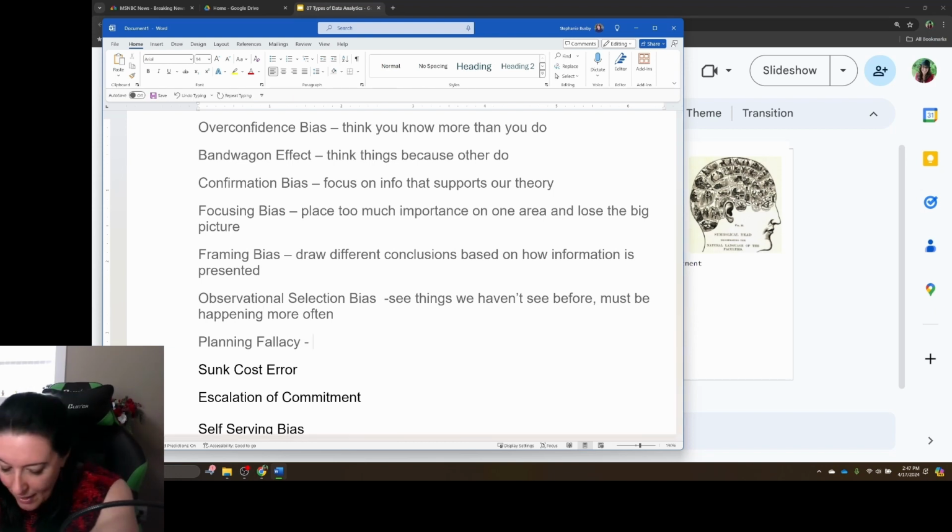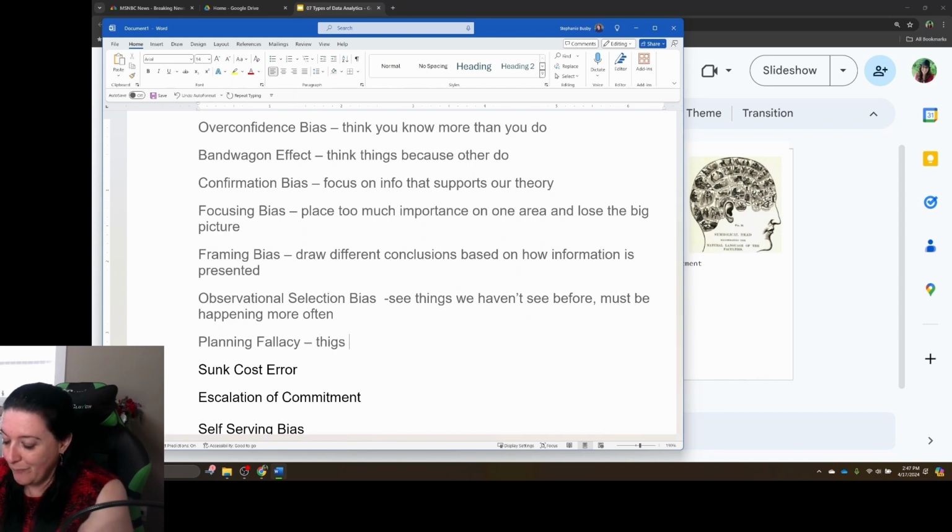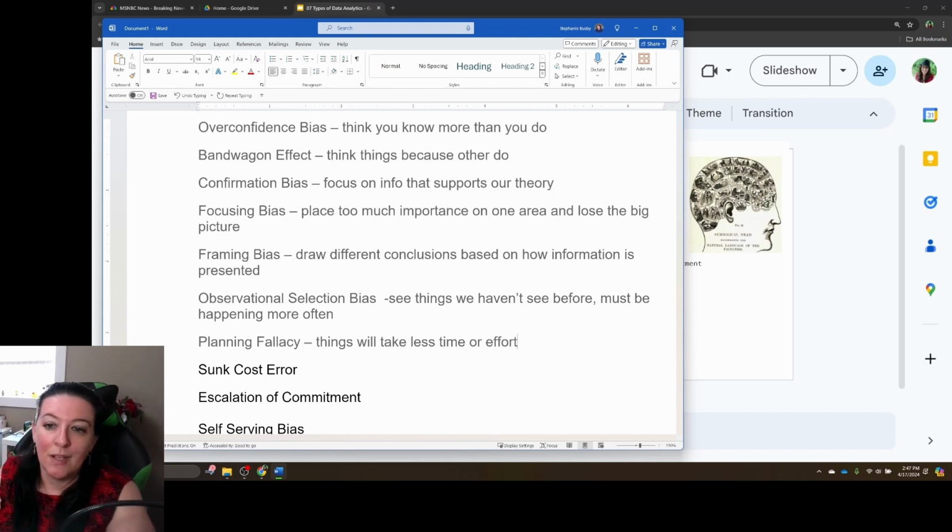This is planning fallacy. The planning fallacy is that things will take less time or effort than you think they will. So, you know, oh, that project is only going to take a couple hours, no problem.